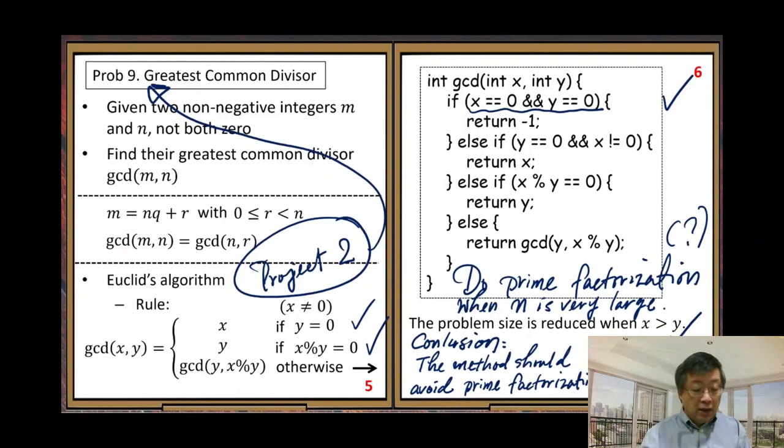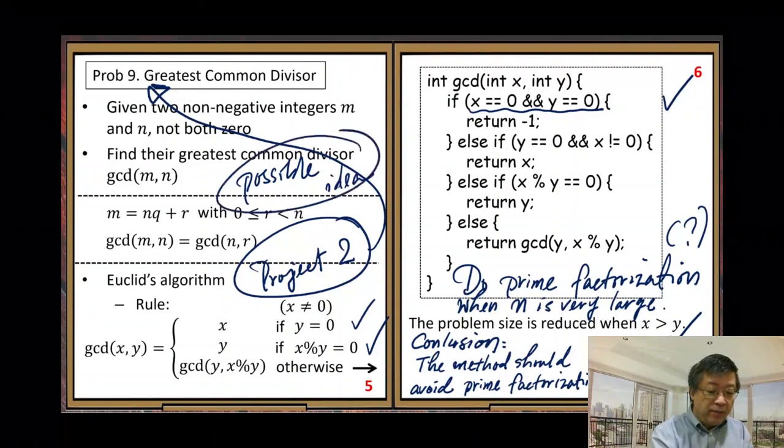If you use prime factorization, it could be very slow. So this is a possible idea. Although it's a good project, the main thing is I need to see how hard the prime factorization part is.